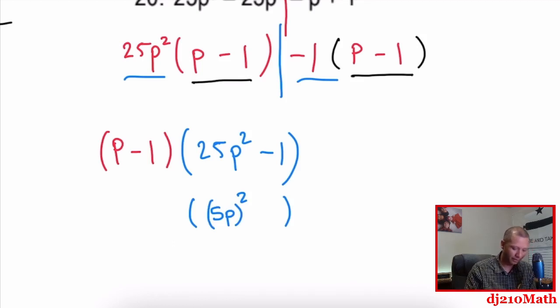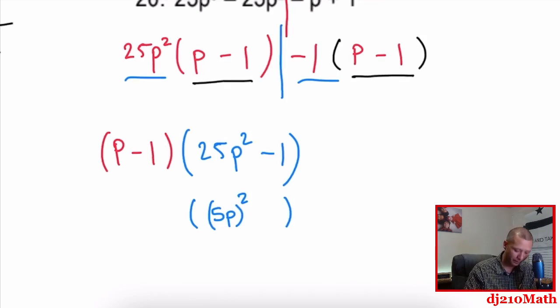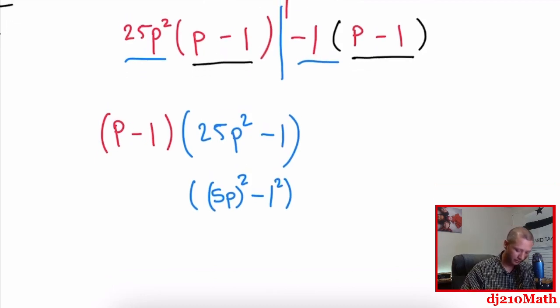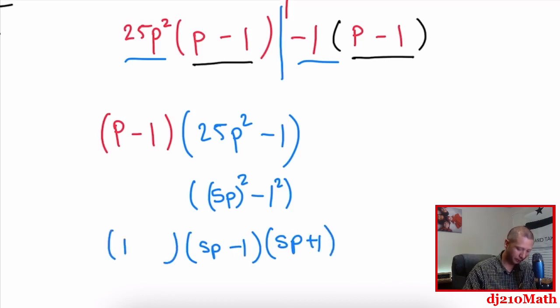Think about that. If I apply the square to the 5, I get 25. If I apply it to the p, I get p squared. Minus 1 squared. This is a difference of squares. So this is going to be 5p minus 1, 5p plus 1. And then p minus 1 in the front. All right, this is fully factored.